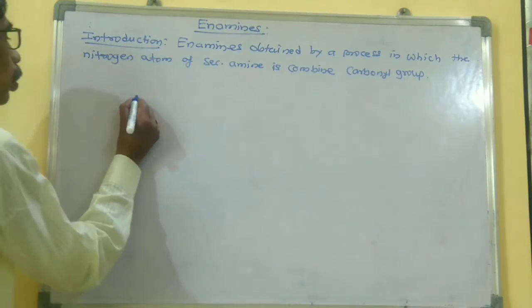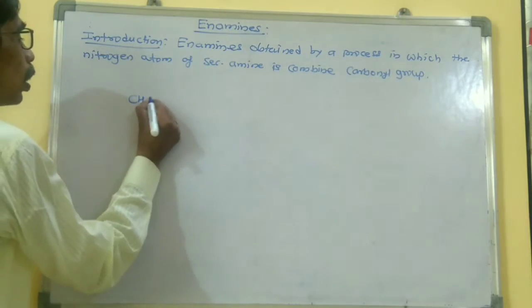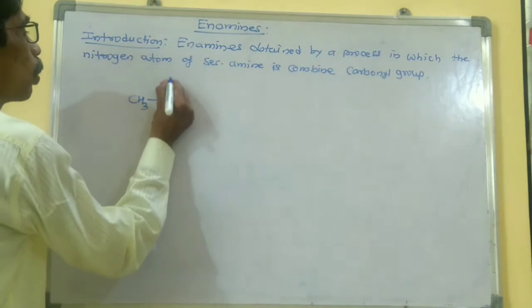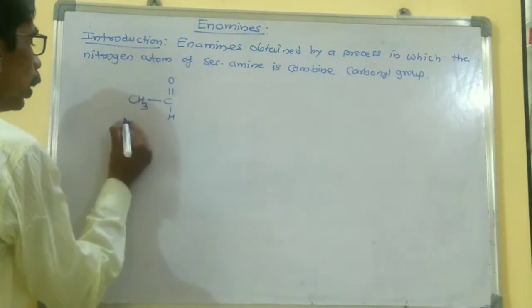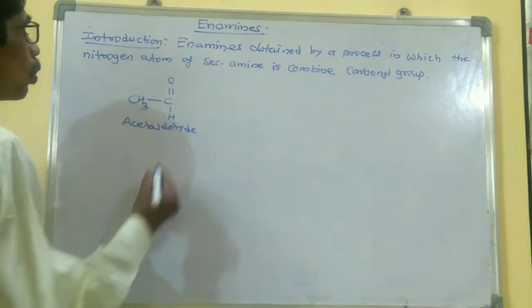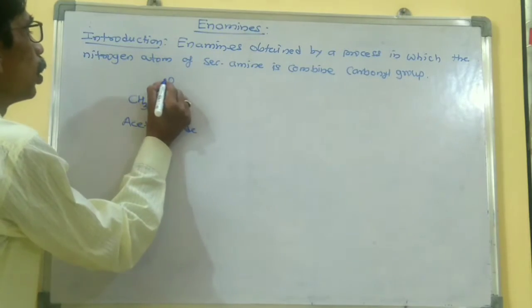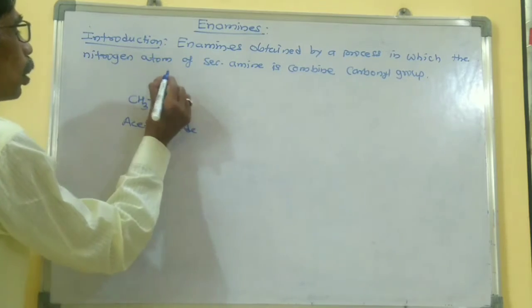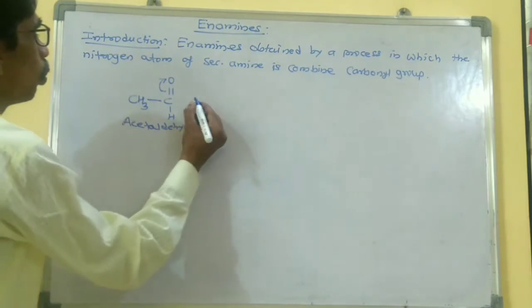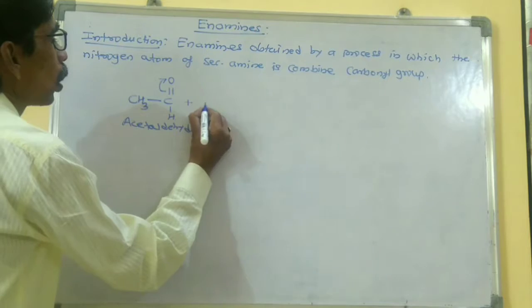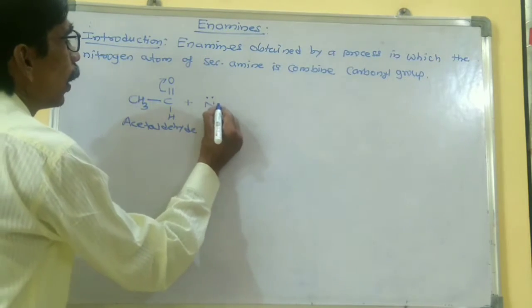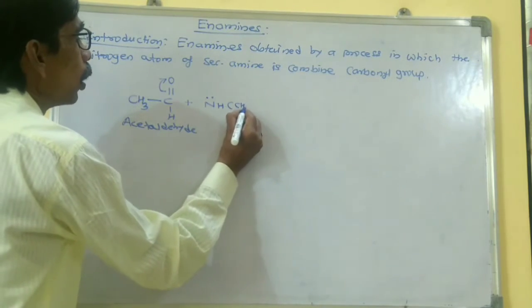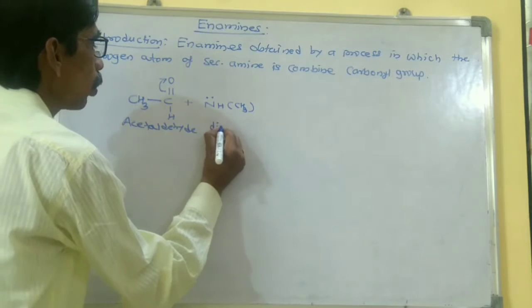So, for example, CH3 C double bond O, this is the acetyl compound. Now this bond is transferred to the oxygen atom. Oxygen becomes negatively charged, this carbon becomes positive. Now this is the secondary amine, called dimethyl amine.